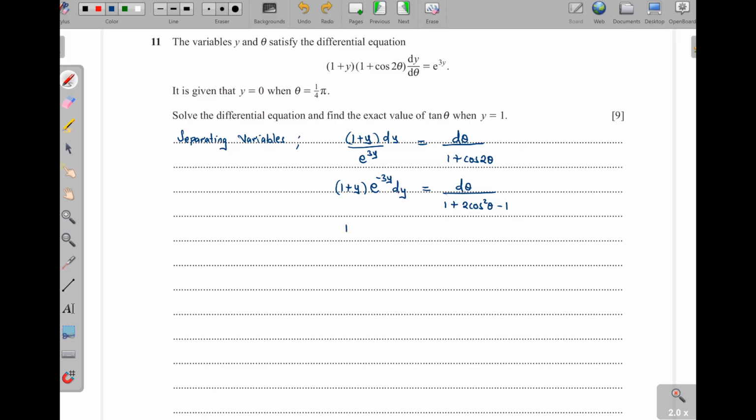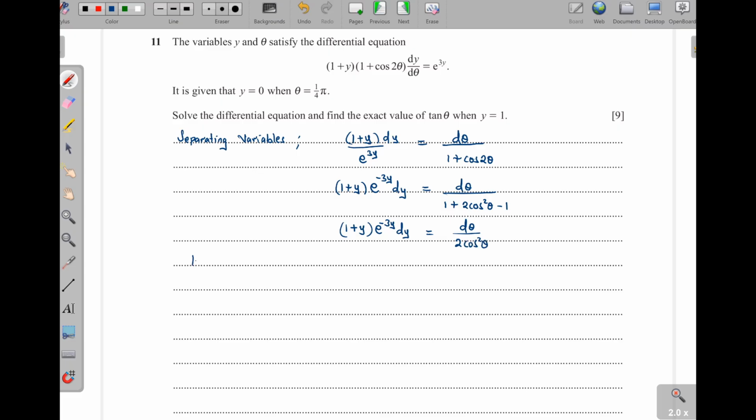So that means we are going to have 1 plus y, then e to the power of negative 3y dy, which is equal to, of course, separating variables, I ended here, but I'm just simplifying to begin the process of what? Integration. This one will be d theta out of 2 cos squared theta.